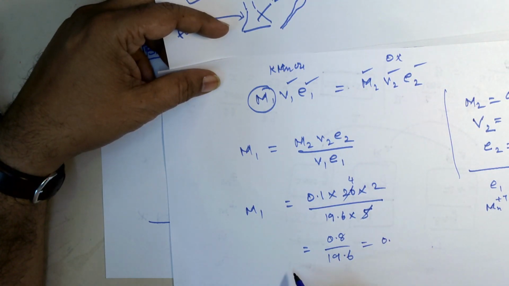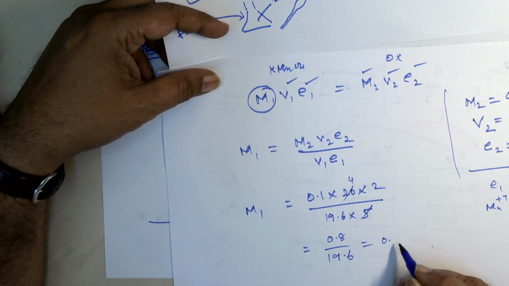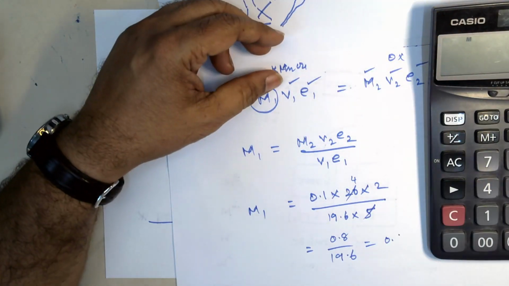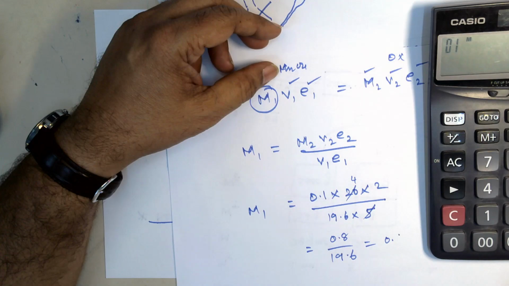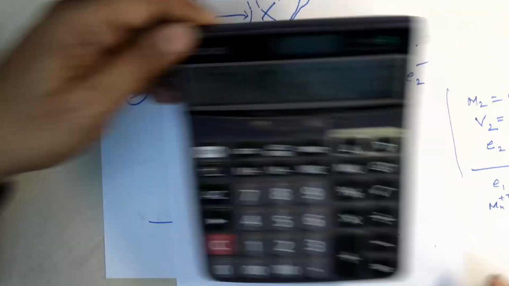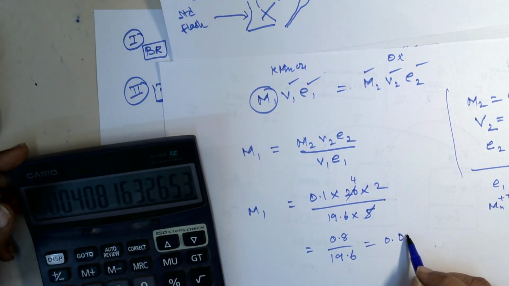Check once again: 0.8 divided by 19.6, that is about 0.0408. So 0.04, you can put 1 also.